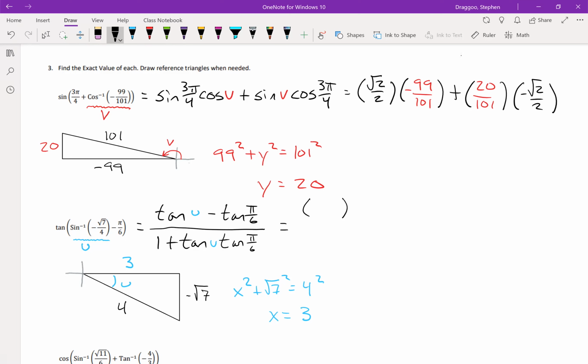Plugging things in, grabbing the tangent of u, which should be opposite over adjacent, this is negative root 7 over 3 minus the tangent of pi over 6, which is root 3 over 3. All of that divided by 1 plus tangent u, which is root 7 over 3 times tangent of pi over 6, which is root 3 over 3.